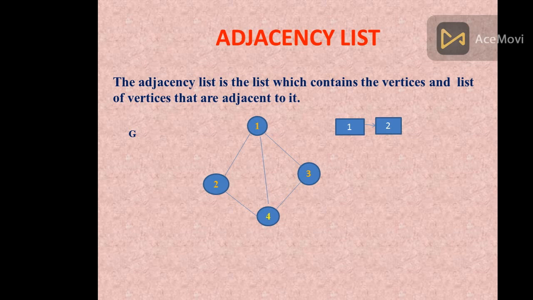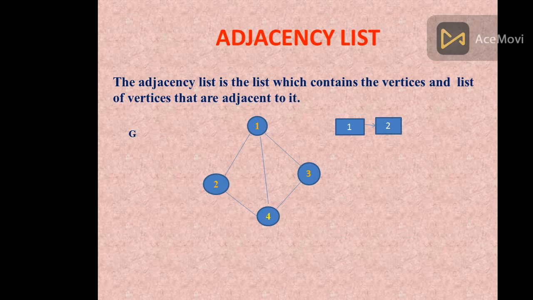How will we write it? We will write all the vertices as nodes. We have node, we have data and link. In data, we will write the vertex name 1. In the link part, we will write the link to node 2.